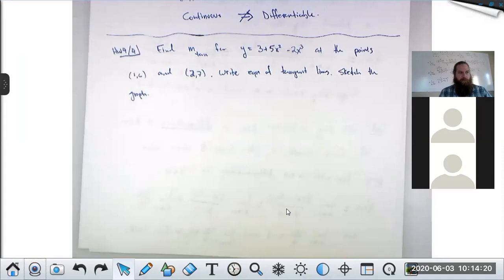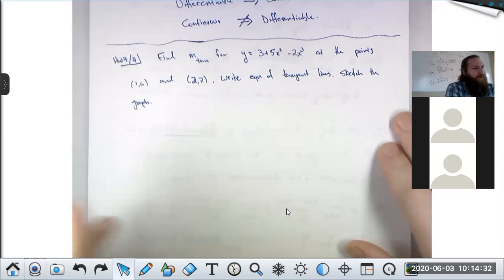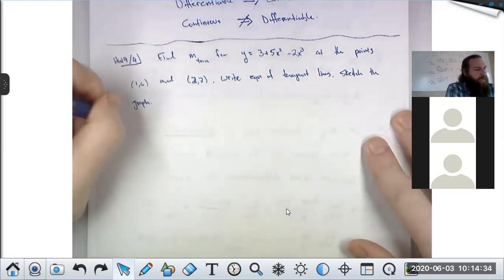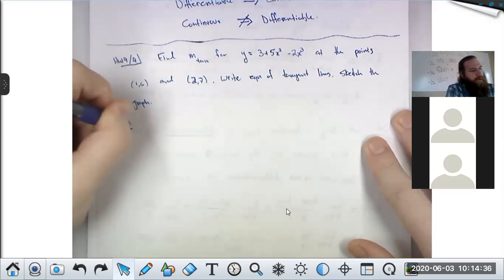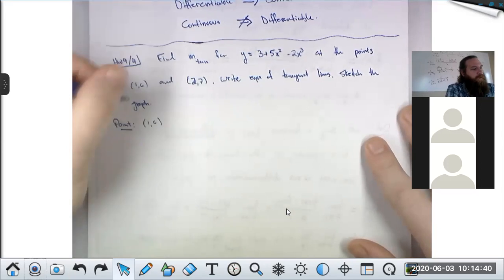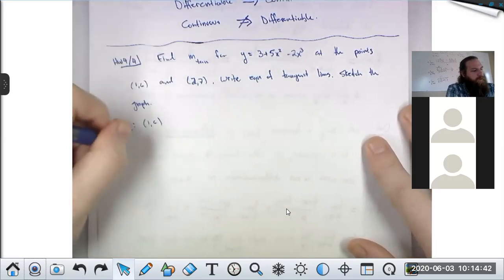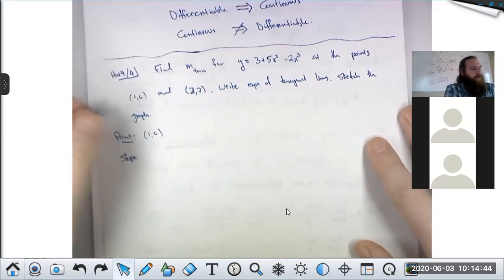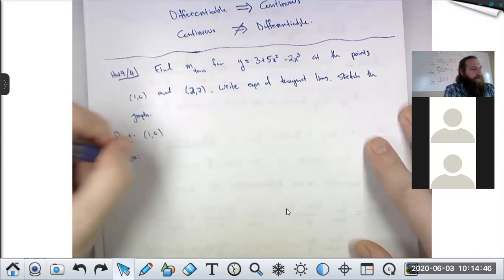Things are going to get a little bit hairy algebra-wise. It turns out that using the definition of the derivative to compute these things is a bit of a messy way to do it, but it's worth getting the practice. So we'll do the first point here, and I'll leave the second one to you because there's only so much time in the lecture. So we're going to have to run through this whole process twice, once per point.